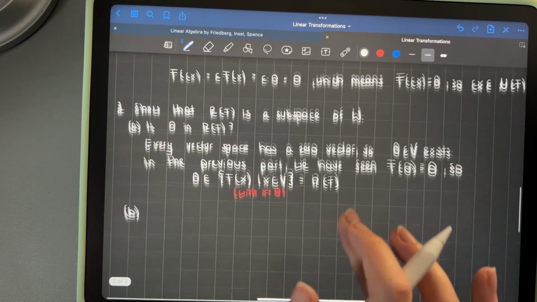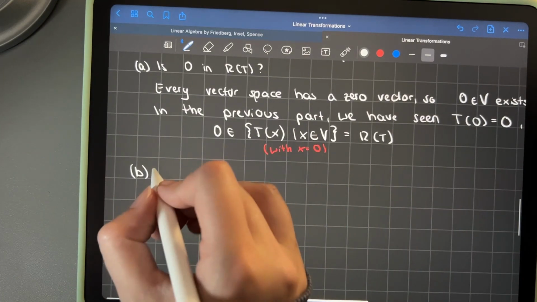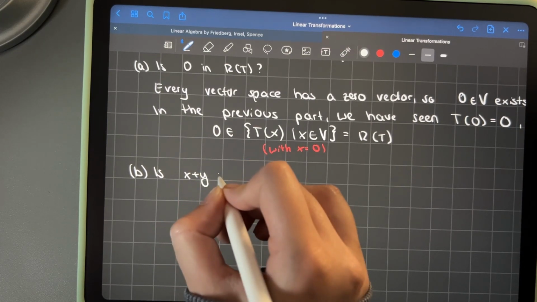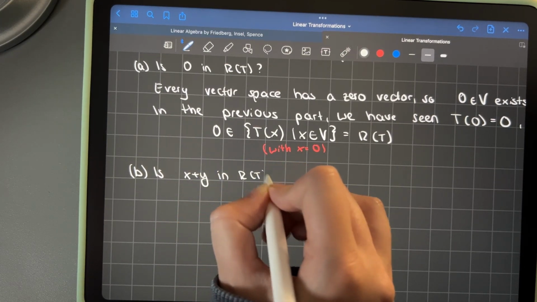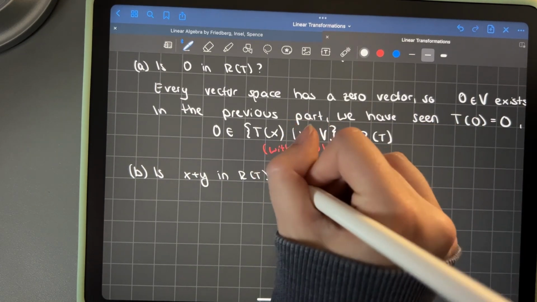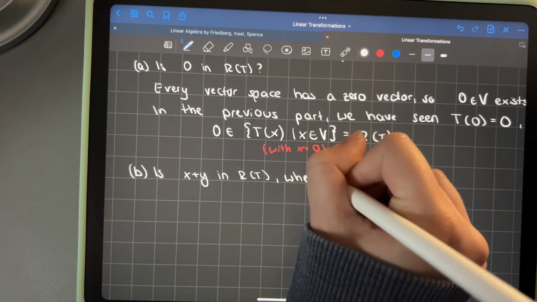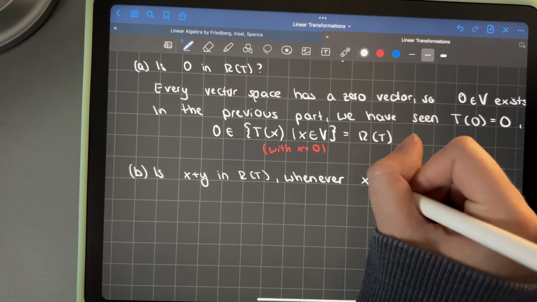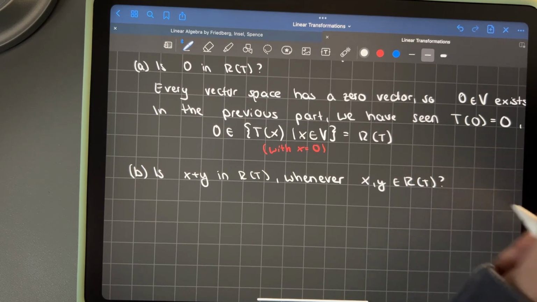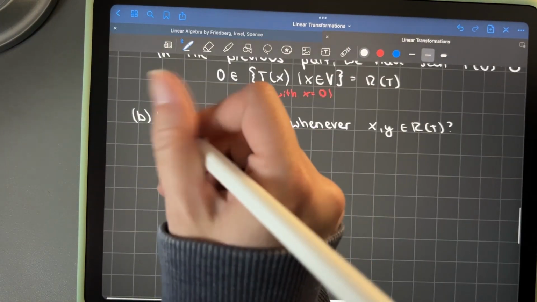Alright, part B: is x plus y in R(T)? Oops, under the condition that x and y are part of this image, similarly to above.